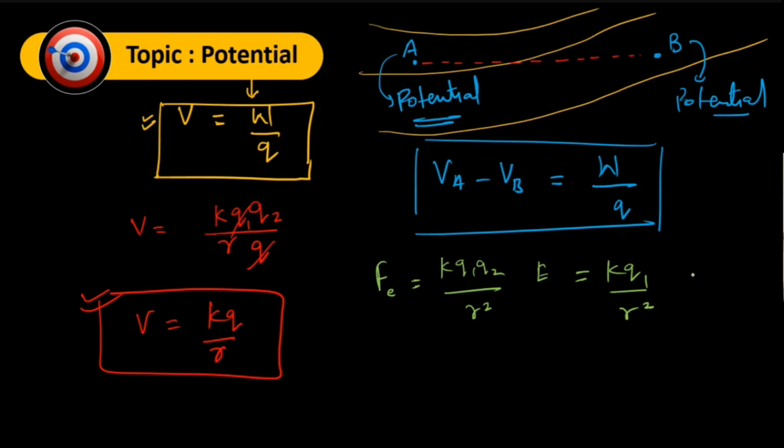Then we see potential energy, which is KQ1Q2 by R. And now we are looking at electrostatic potential, which is KQ1 by R. So this has five quantities, this has four quantities, this has four quantities, and this has only three quantities.